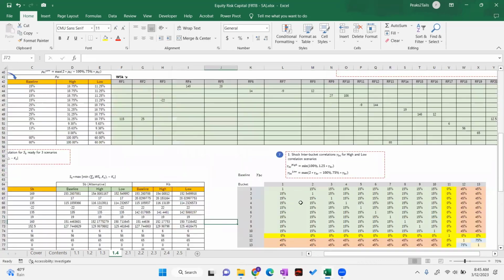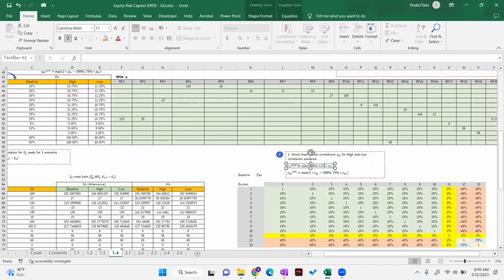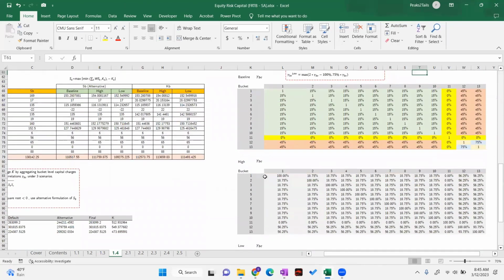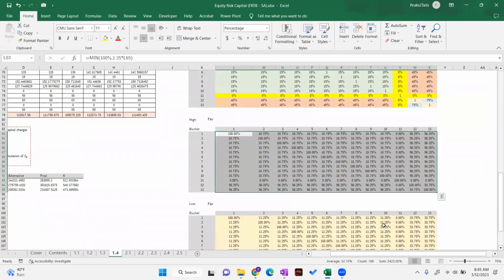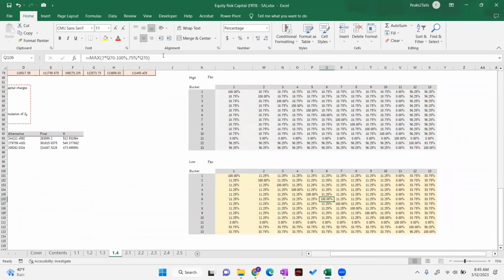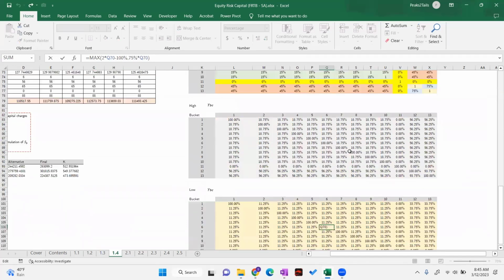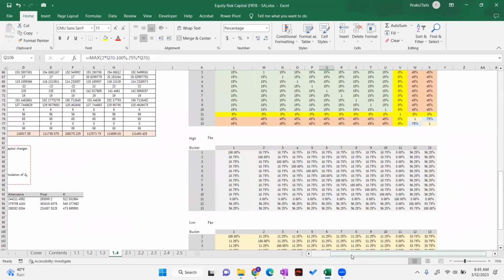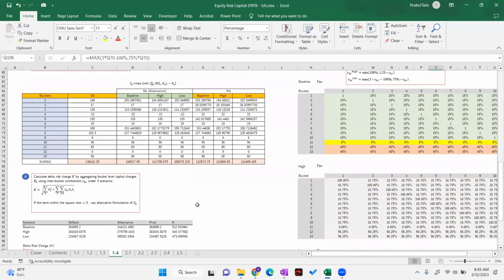And then you have to calculate 2 more for the high correlation scenario and the low correlation scenario. For high, this is the transformation of gamma BC. For low, this is the transformation. So I created those 2 matrices for high and low. Every cell is just that transformation of whatever they have given for the baseline. All right, now this is done. Now we are ready to calculate the final capital charge.